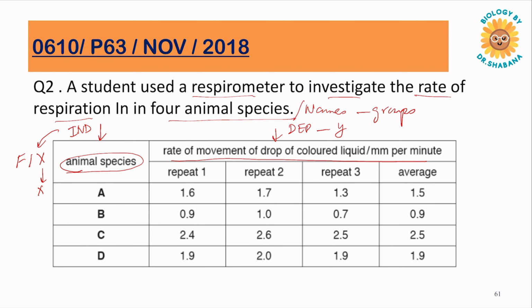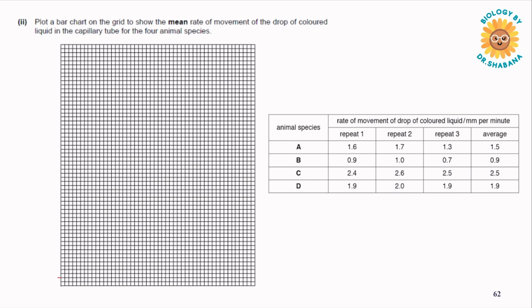Now, have I been given a grid? Yes, I've been given a grid. Now, the question demands me to plot a bar chart on the grid to show this of the drop for the 4 animal species. So the 4 animal species will come on my x-axis, keeping in mind fix, and then the dependent variable will be coming on the y-axis.